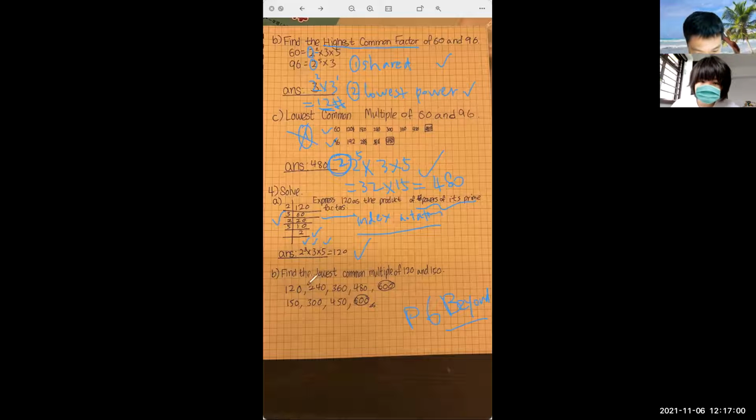Okay, so in fact, you can do it this way, which is method 1. But of course, the easier way to do it is to express 150 as its prime factorization in index notation, and then just follow the definition, right? All the prime factors available or present, and then choose the highest power for each prime factor.